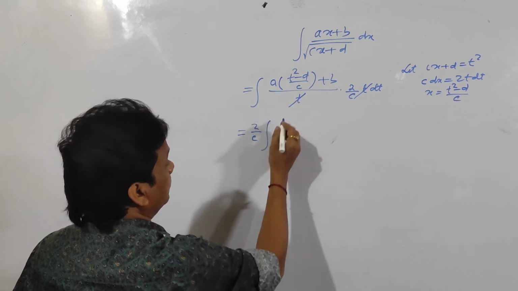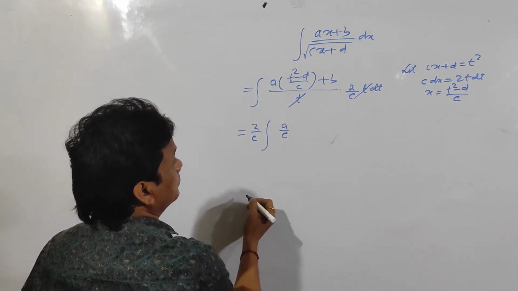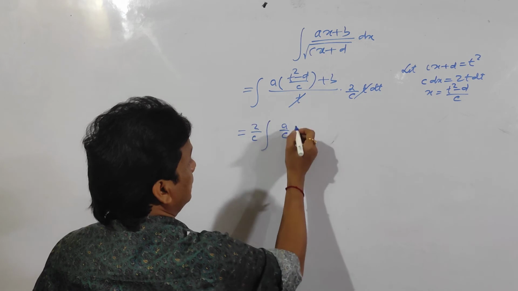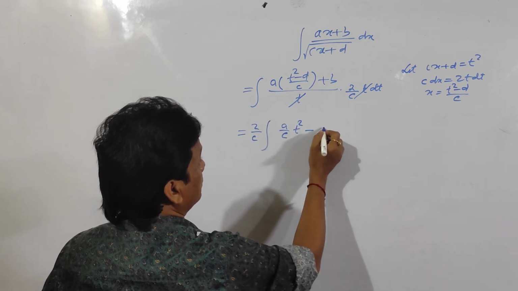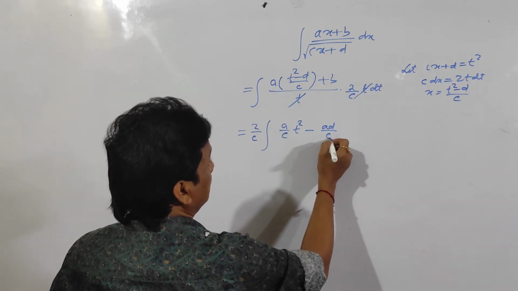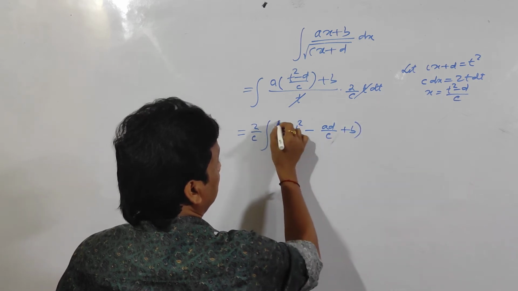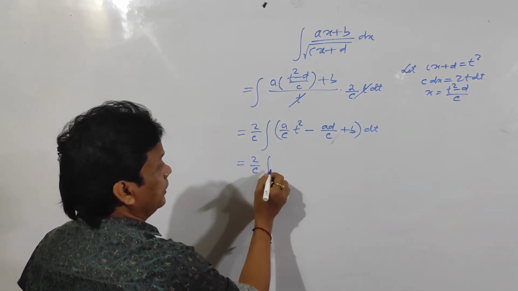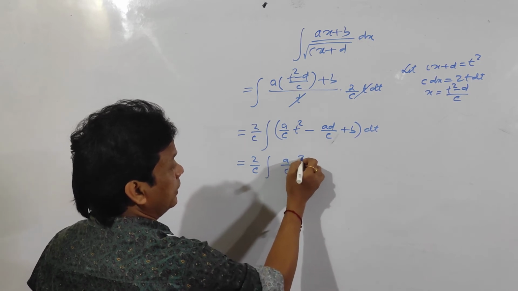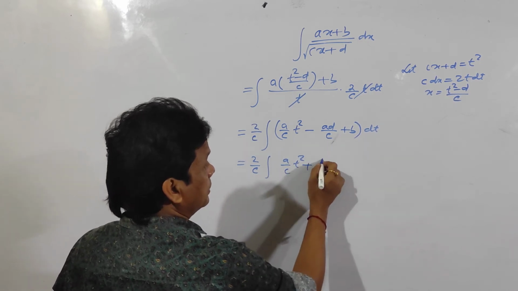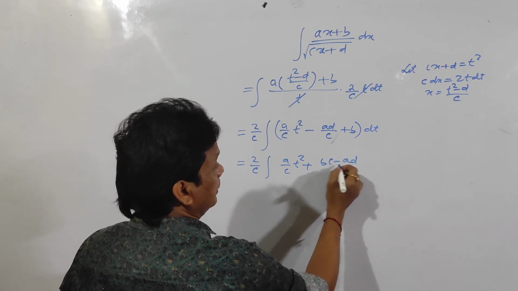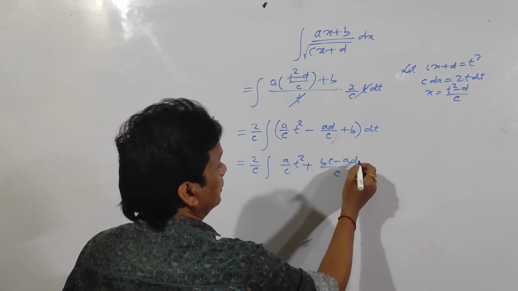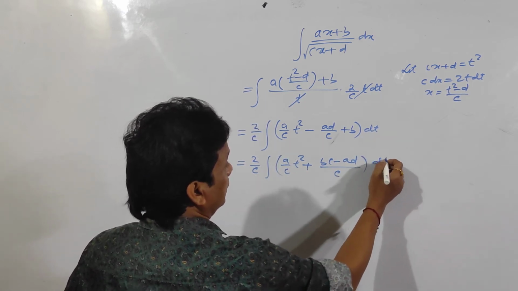So it will be separating a by c. A by c, it is t square minus ad by c plus b, into dt. So 2 by c integration of a by c t square plus (bc minus ad) divided by c, into dt.